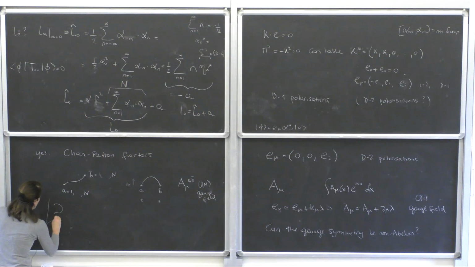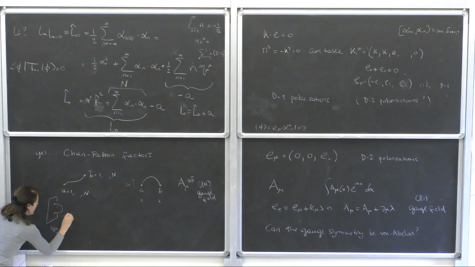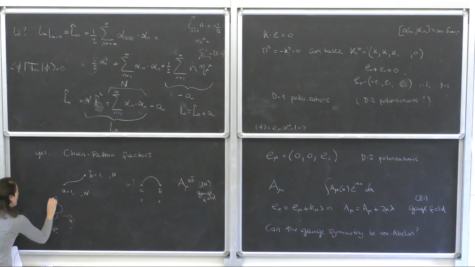This is what we call X0, this is the direction X1, and these are all the other directions, Xi.